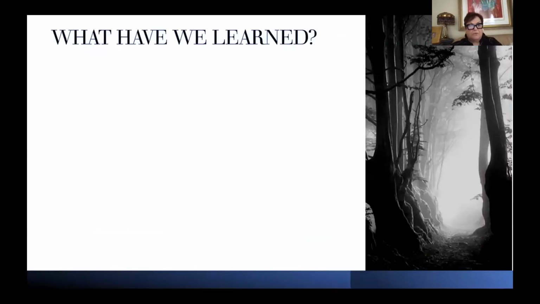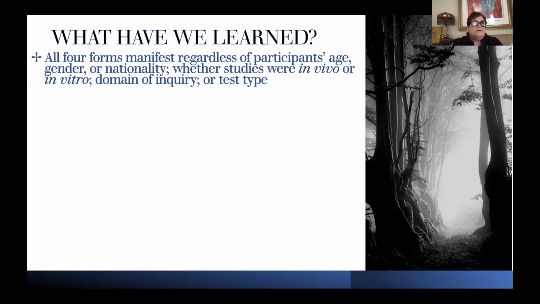All right. So what have we learned from all of these studies of these multiple forms? I'm going to go through the points, and then I'm going to pull up some charts and tables to illustrate some of these points in a bit more detail. The first one is, regardless of age, nationality, gender, and discipline, we find all four forms are present to some extent in some way.